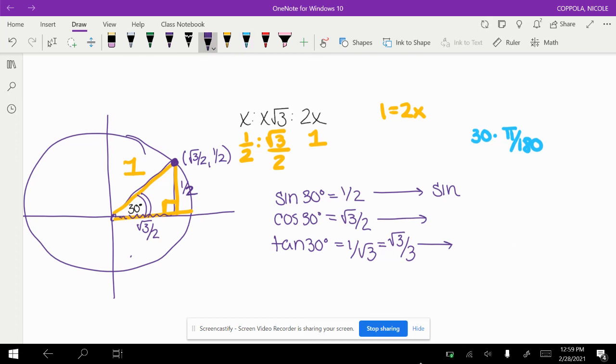So sine of pi over 6 is 1/2. Cosine of pi over 6 is rad 3 over 2. Last but not least, tangent of pi over 6 is 1 over rad 3, or rad 3 over 3. Yay.